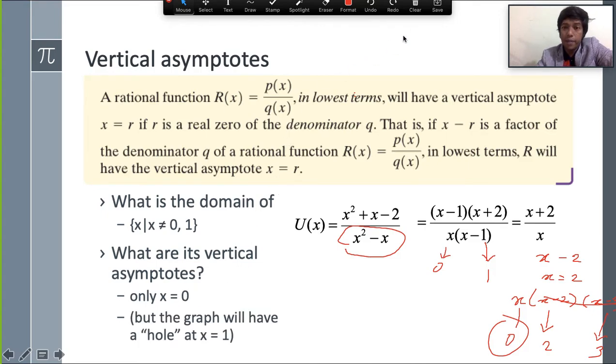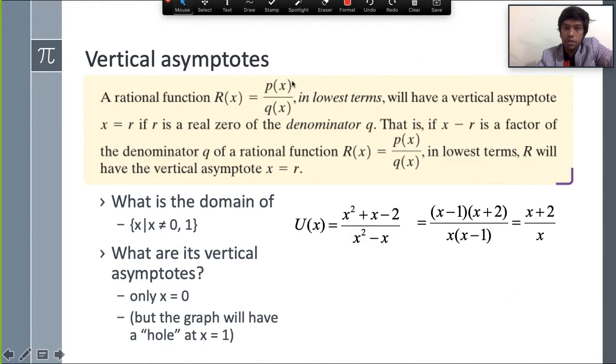So just to give you a little more concrete idea, what will happen about this x minus 1, since it gets cancelled out? In the graph there will be a hole at that point, because at x equals to 1 the graph is undefined. From the original function you can see there will be a small hole, like there is a blank there.